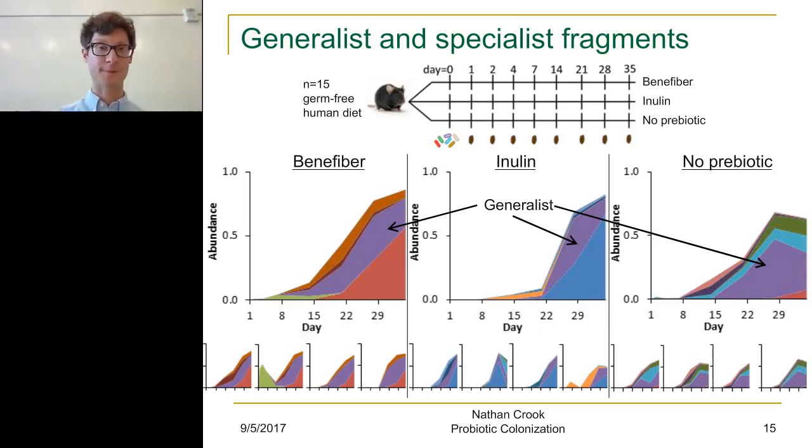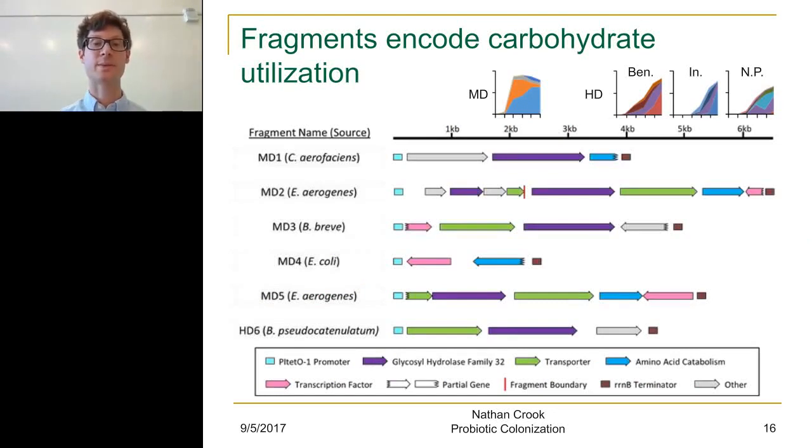We then sequenced these fragments and discovered that these fragments actually encode carbohydrate utilization loci. So on the side here, I'm showing the fragment name and the predicted source of that fragment based on a BLAST search. The MD fragments are those fragments that were recovered from our first experiment, and the HD, or human diet, fragment was the generalist that we recovered in our second experiment.